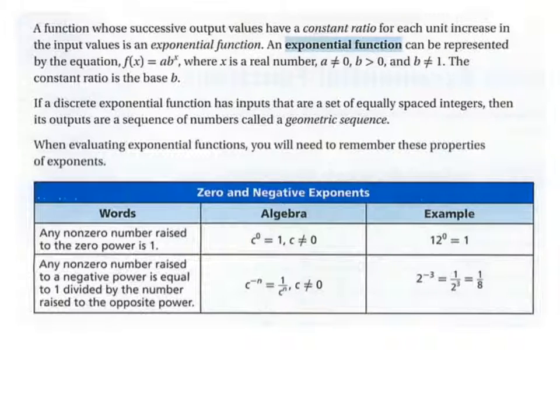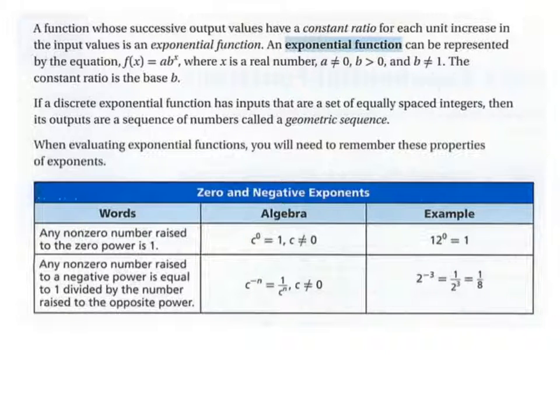So, as I said before, when successive output values are multiplied by the same amount each time, and they could multiply by fractions, you need to know that, they have a constant ratio for each increase.